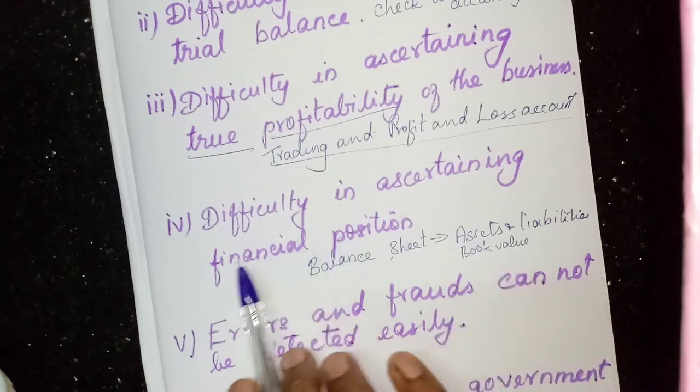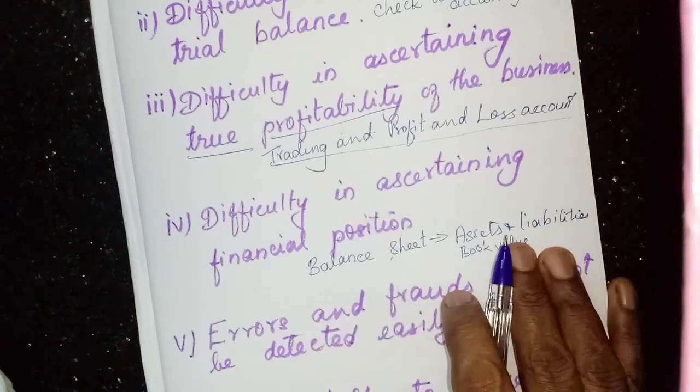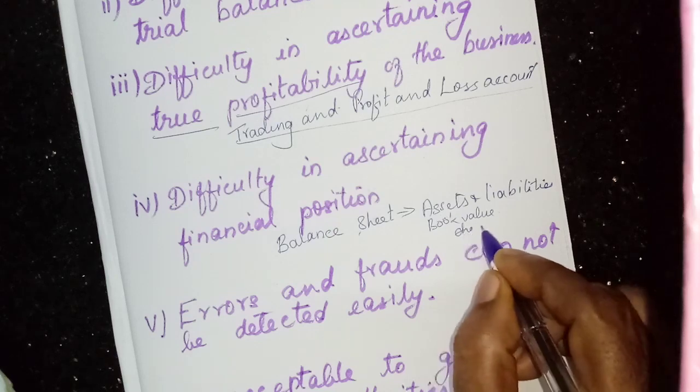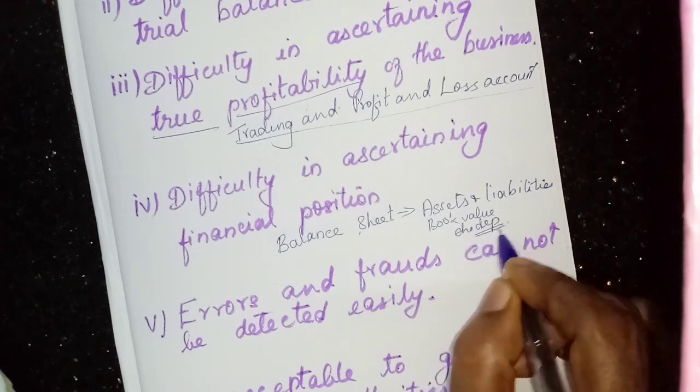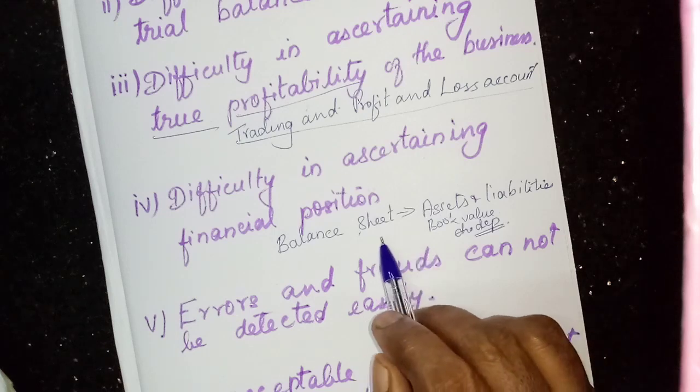But here in incomplete records, we will not charge depreciation on the fixed assets. Depreciation will not be charged, so it will not show the correct financial position of the business.